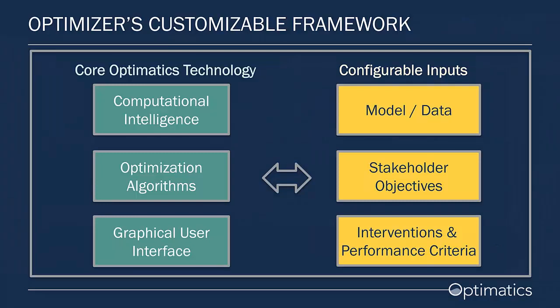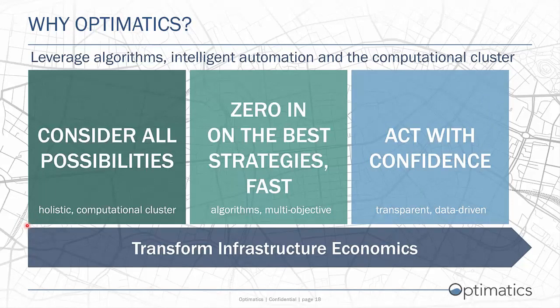So again, just summarizing the value adds with Optimizer, considering all the possibilities. That's the connection to the computation, the ability to run your model many more times. The second is the algorithms, enabling you to consider multiple objectives at the same time, and they're very quick at solving these problems. And finally, acting with confidence.